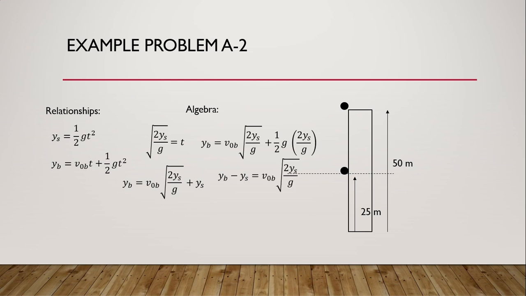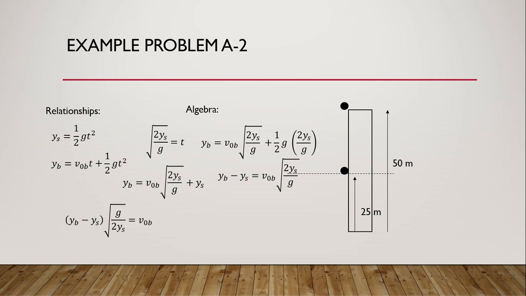The way to do this is subtract y_s from both sides and divide by the square root of 2 y_s over g, or multiply by the square root of g over 2 y_s. I flipped the radical. Your math teachers would really like that because I've made this look nice and pretty for them. Math teachers generally don't like radicals on the bottom of fractions. This takes care of that.